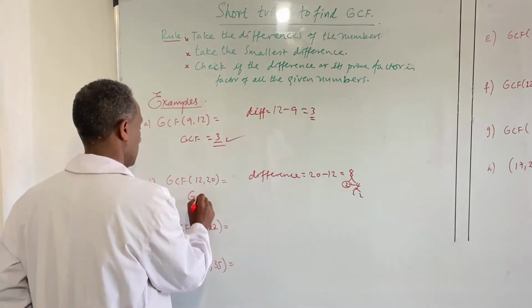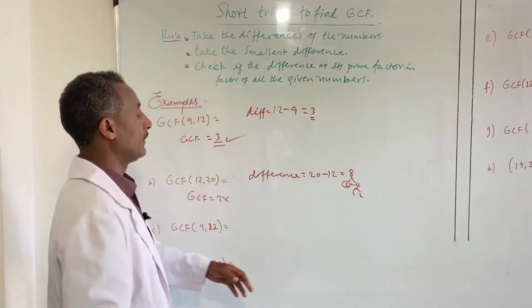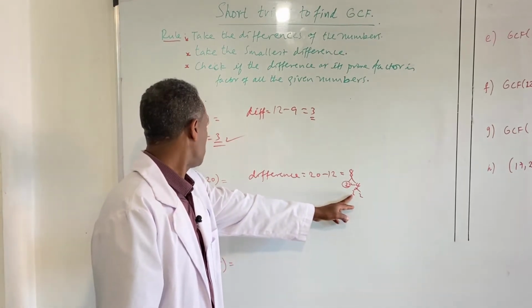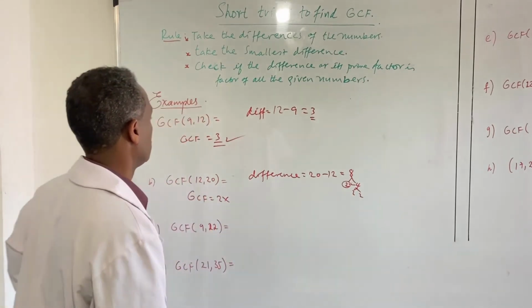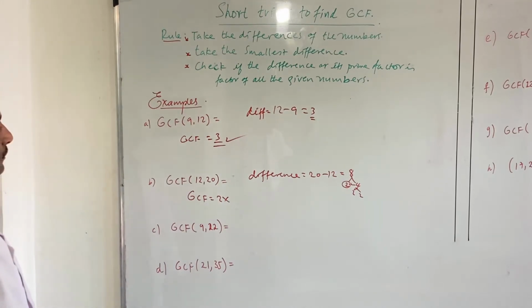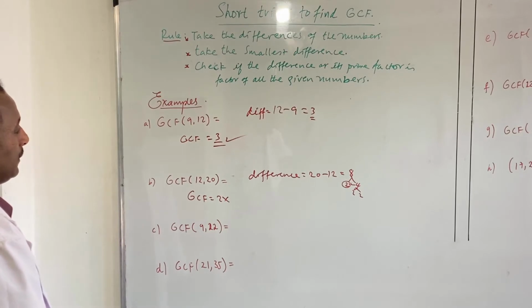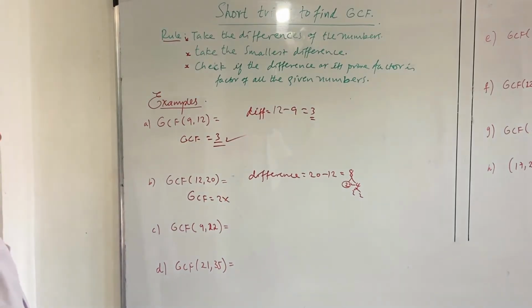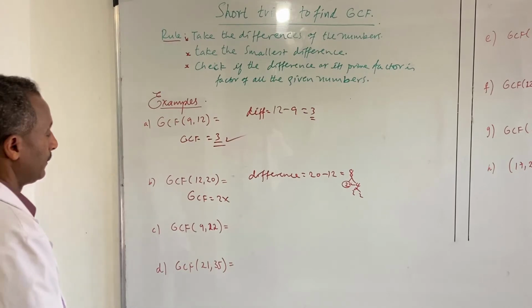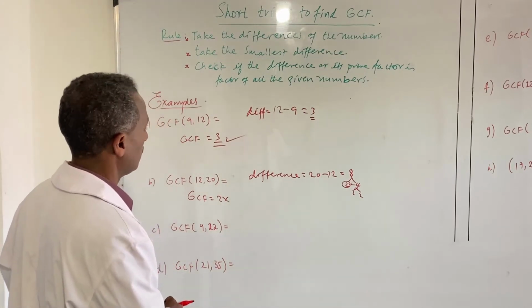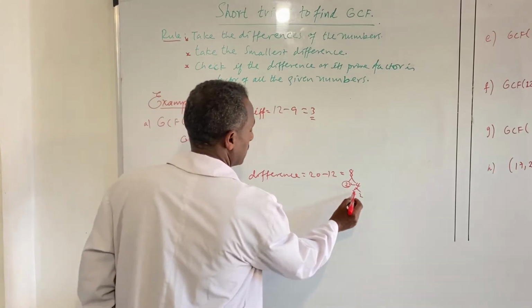So, GCF will be 2 times the second 2. The second 2 also divides.